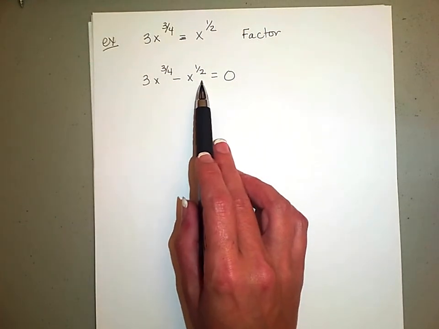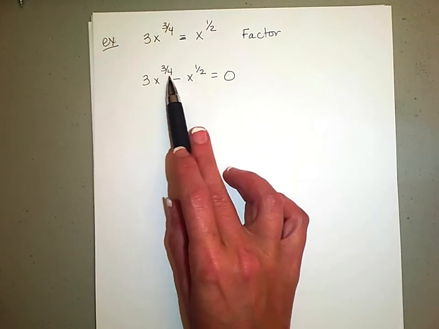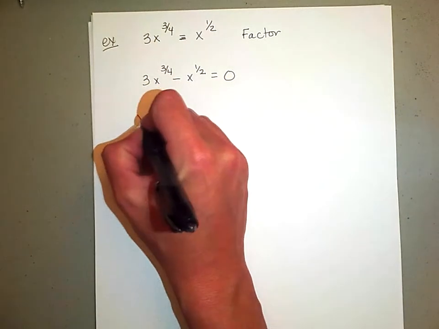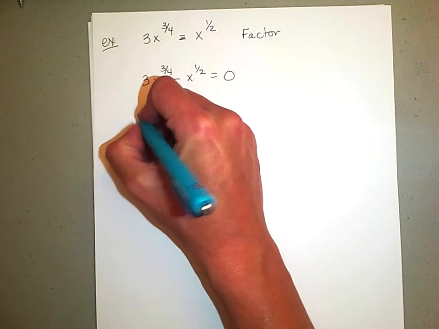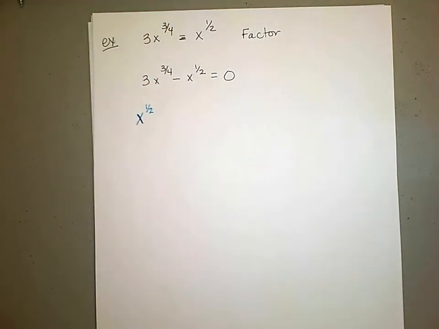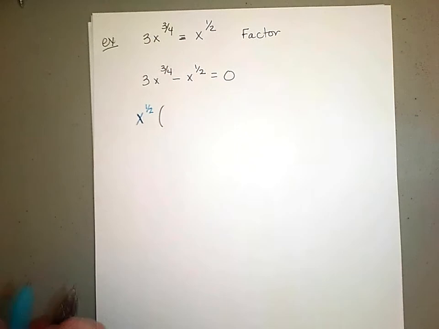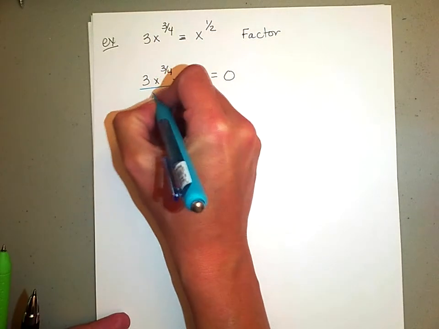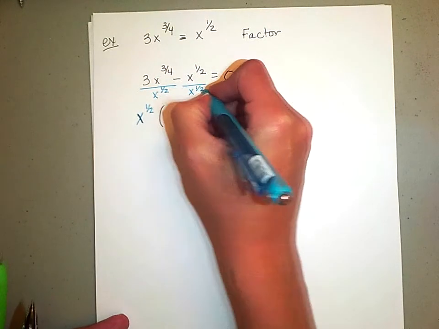Let's pick the smaller of the two exponents. I have an x to the 1/2 in both of these, so I'm going to factor that out. So x to the 1/2 comes out. Now we have to be careful about what's left behind. What we're doing here, factoring out, is the same thing as dividing.